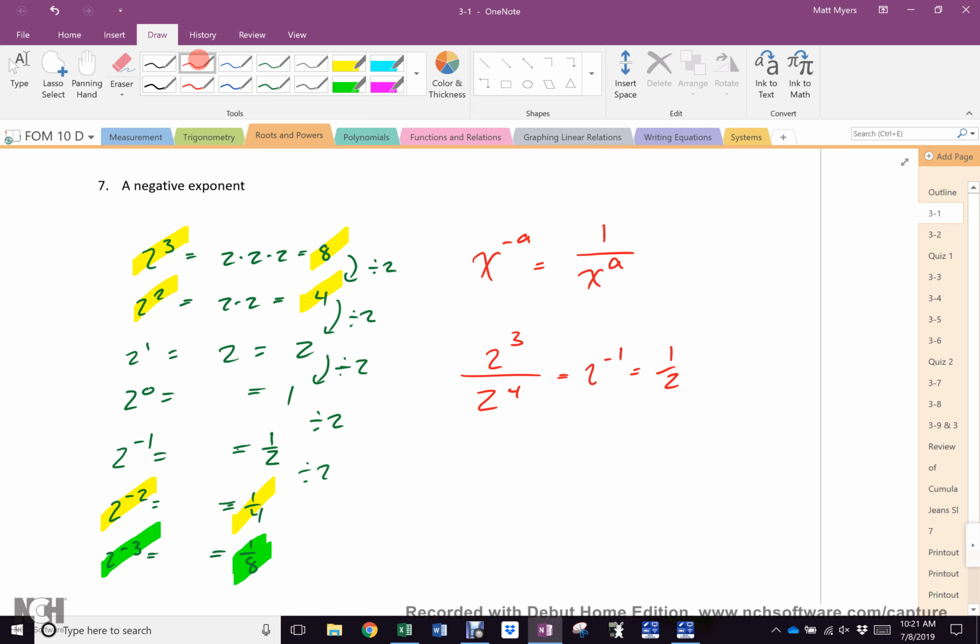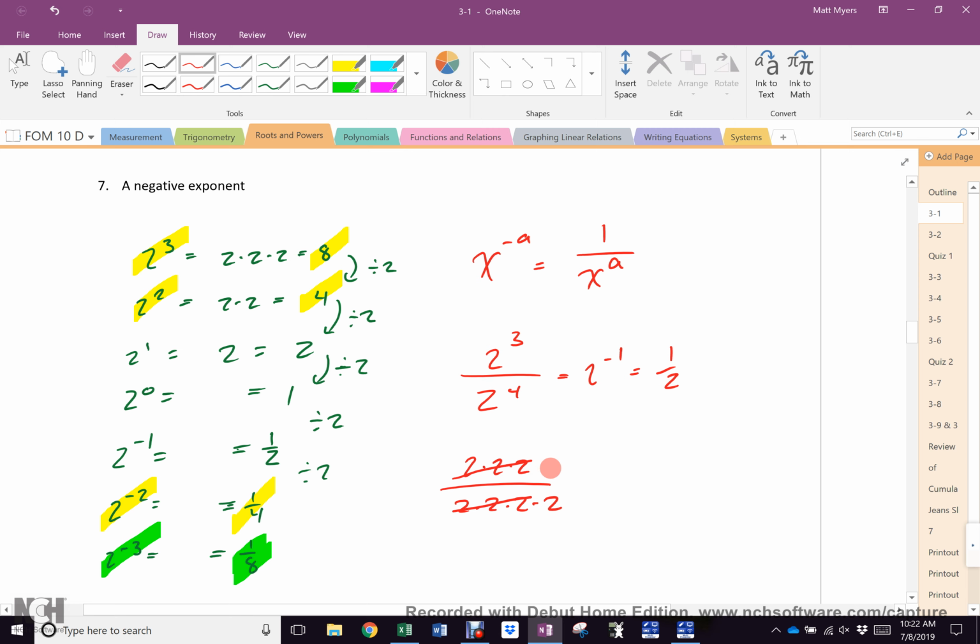This is what I want you to see, though. 2 cubed is really 2 times 2 times 2, correct? Agreed? Over 2 times 2 times 2 times 2, correct? What gets to happen with these 3 2's and these 3 2's? They're gone. What number has to be left up here?